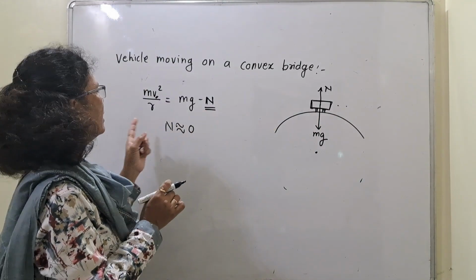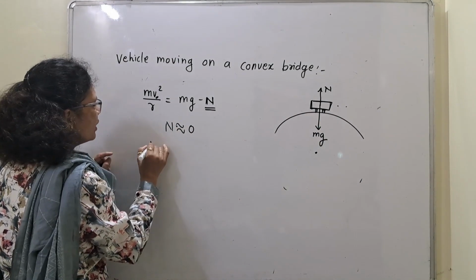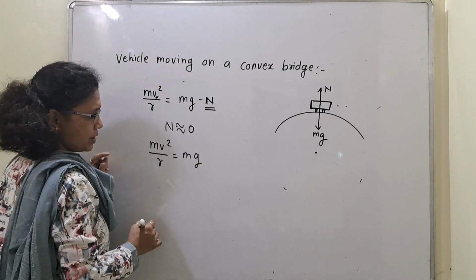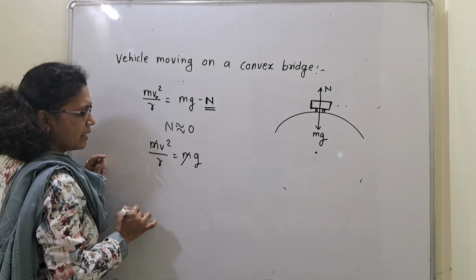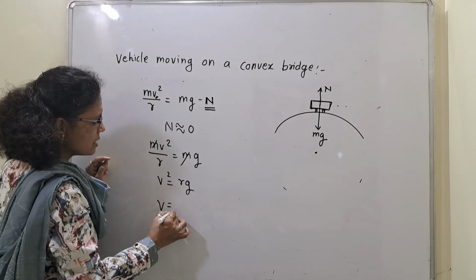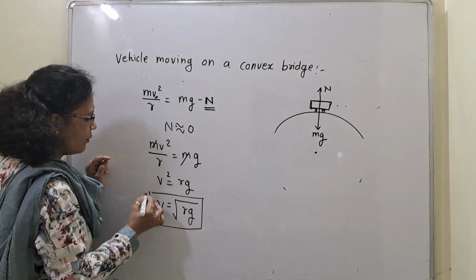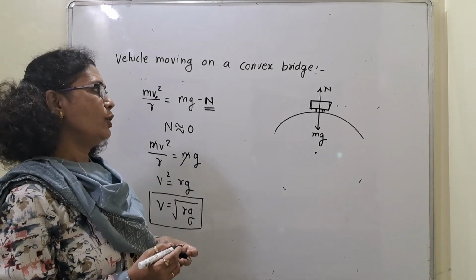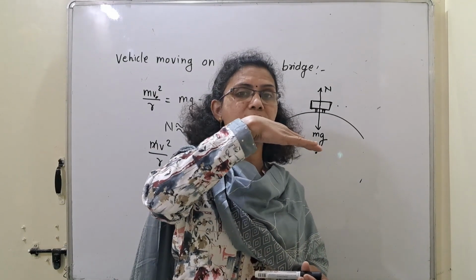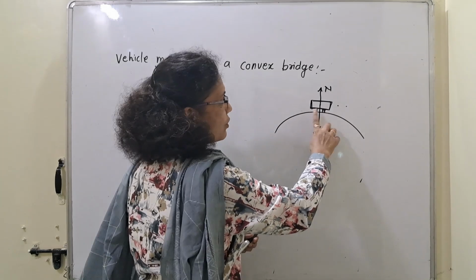And this N will be approximately equal to 0 at this position. Therefore, we can write mv square by r is equal to mg. This m will get cancelled and v square is equal to rg, that is v is equal to under root rg, and this is the formula for the maximum speed of that vehicle when it is traveling on the convex bridge and it is present at the top position of that convex bridge.